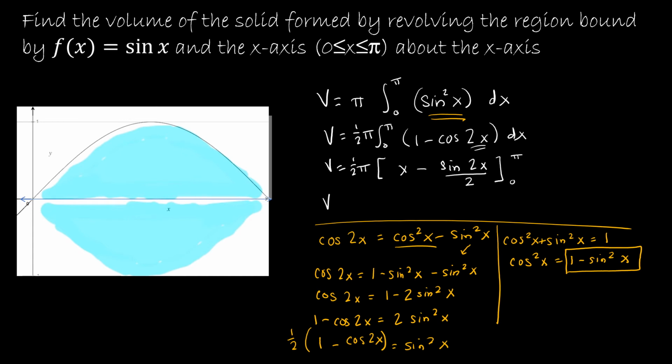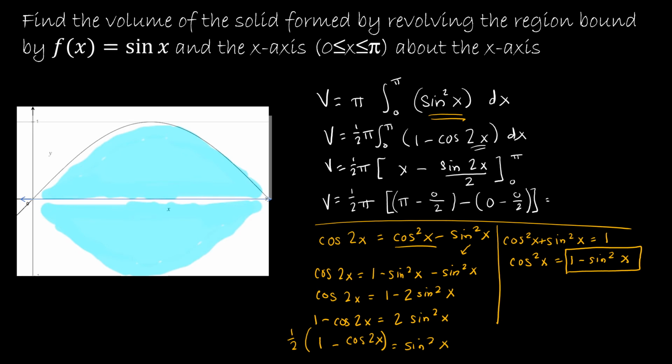So what I have now is the volume, which is 1/2 pi, and then I have pi minus sine of 2 times pi over 2, minus 0 minus sine of 0 over 2. Oops, sorry, sine of 2 times 0, which of course is sine of 0 over 2.